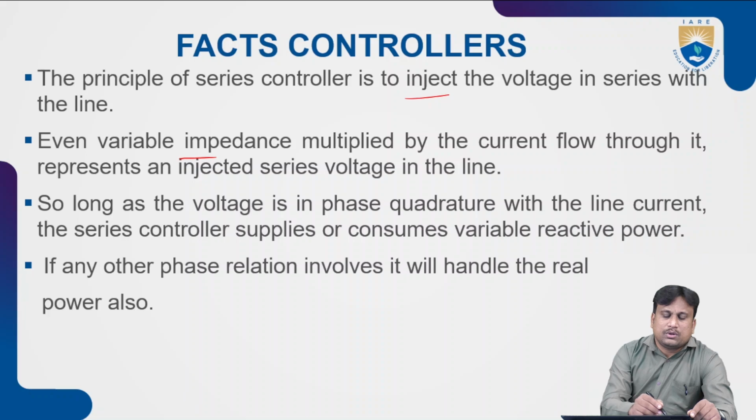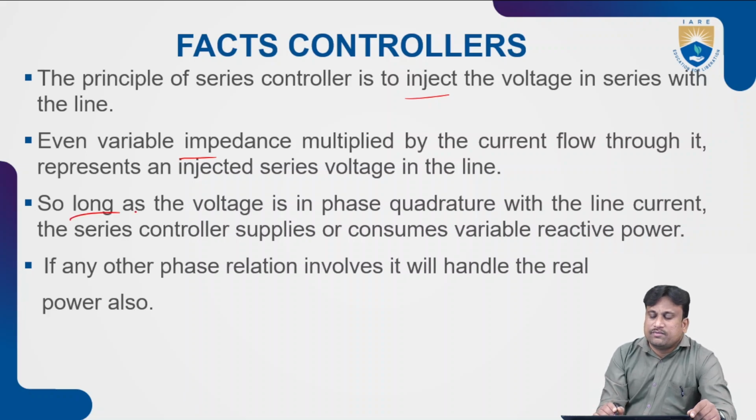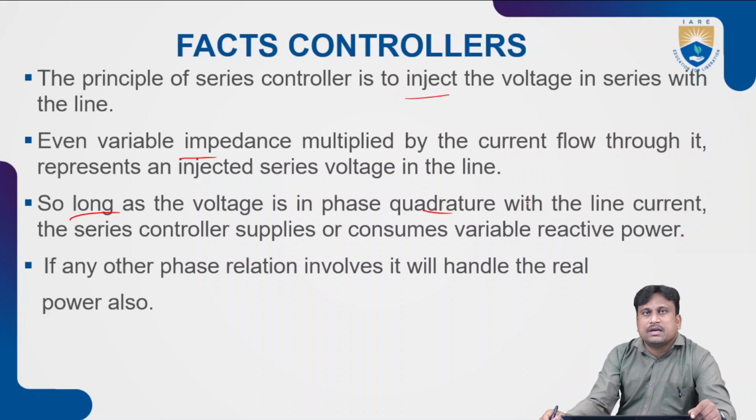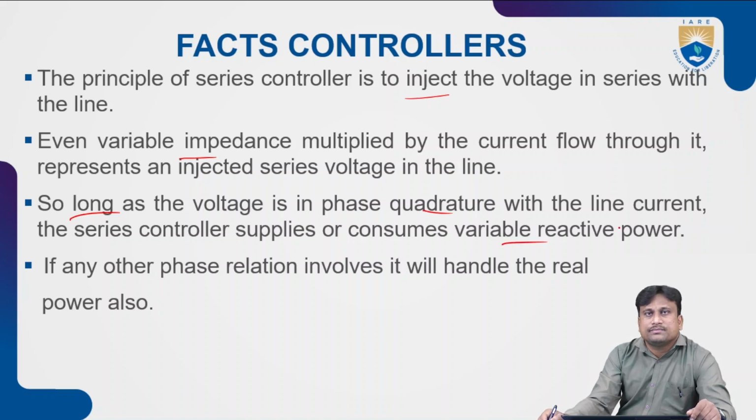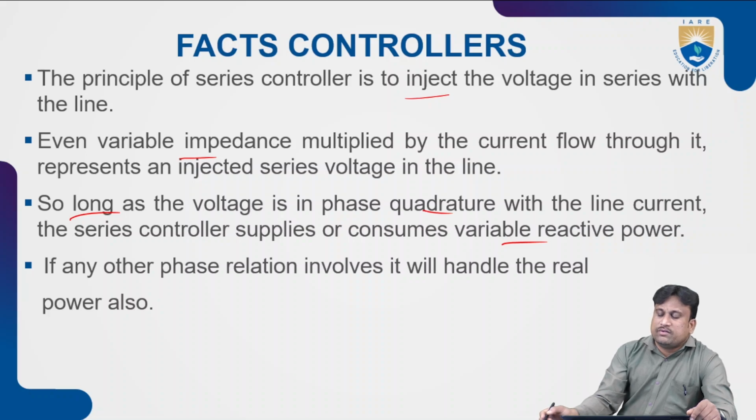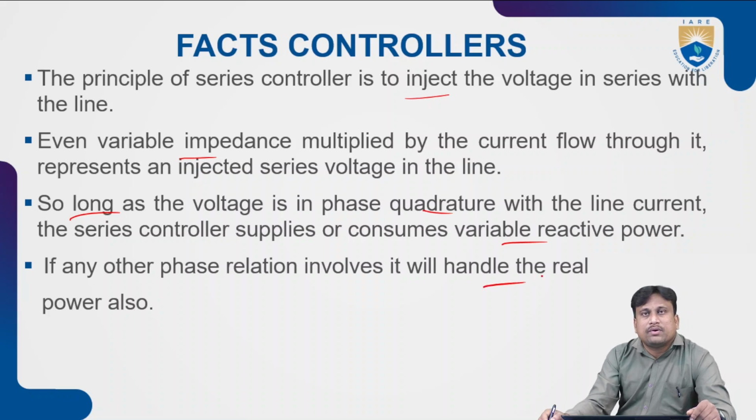So long as the voltage is in quadrature with the line current, the series controller supplies or consumes variable reactive power. If any other phase relation is involved in the system, it will also handle real power.